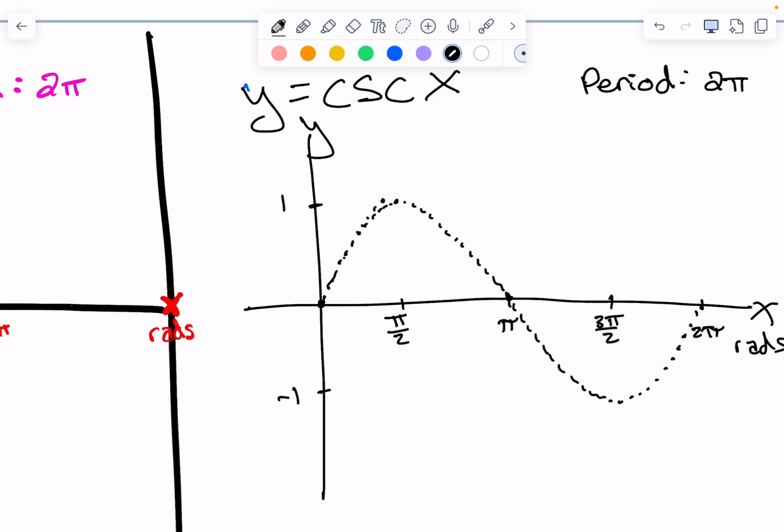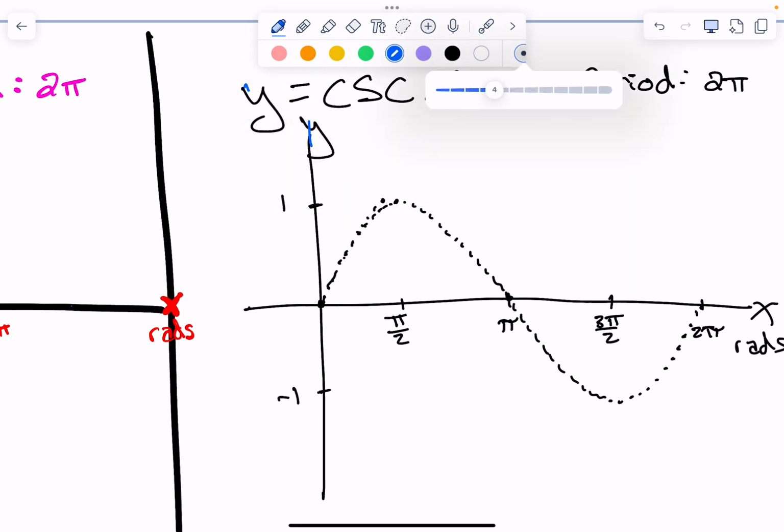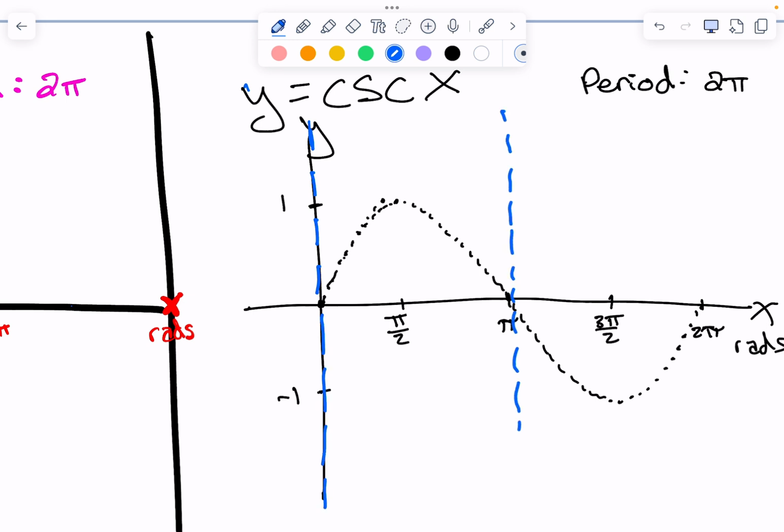Cosecant. Are you ready? Cosecant is going to have vertical asymptotes. Here's what cosecant looks like. He has a vertical asymptote. I'm going to make these thick. Vertical asymptotes here and here and here. Are we going to graph the vertical asymptotes every time we graph? Yes, the vertical asymptotes should be on there.